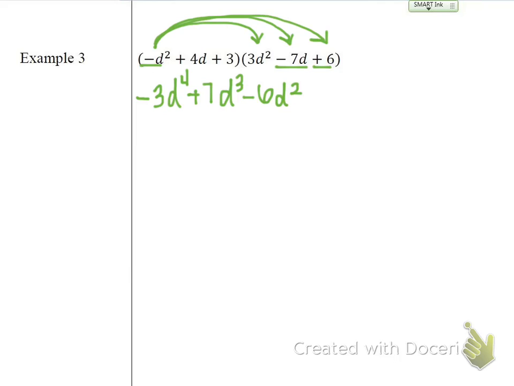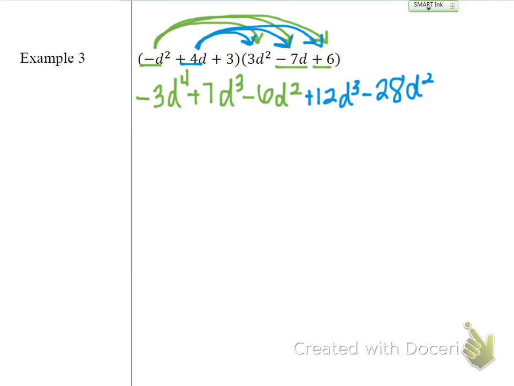Let's pick a different color. Now we're going to multiply the 4d. So you're basically going to do the exact same thing. You're going to multiply 4d by every single term in the other parentheses. So 4d times 3d squared gives me plus 12d to the 3rd. 4d times negative 7d is minus 28d squared.